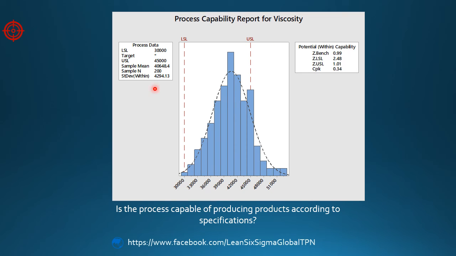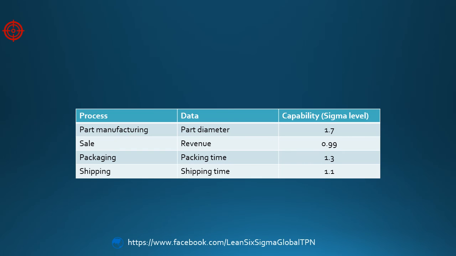For this process, the sigma level is 0.99. It seems that there's too much variation in paint viscosity, which would result in too many samples that are thicker or thinner than desired. ABC might attempt to reduce variation in the process.